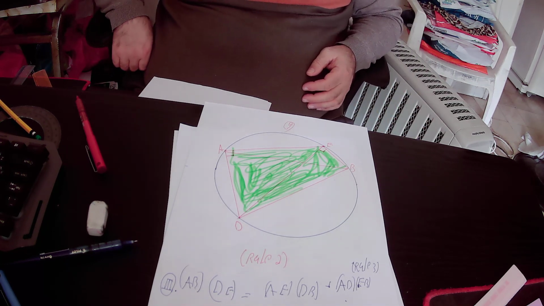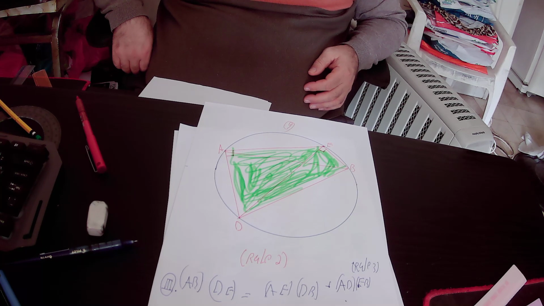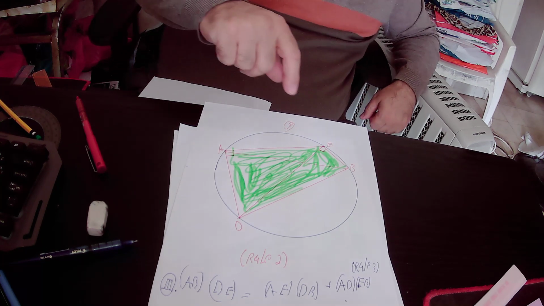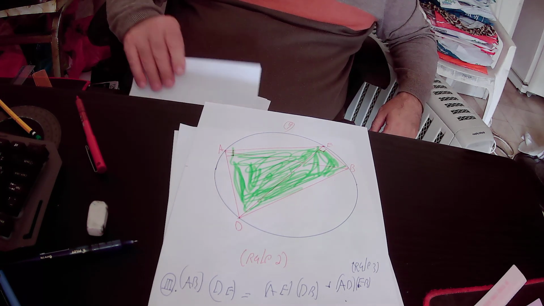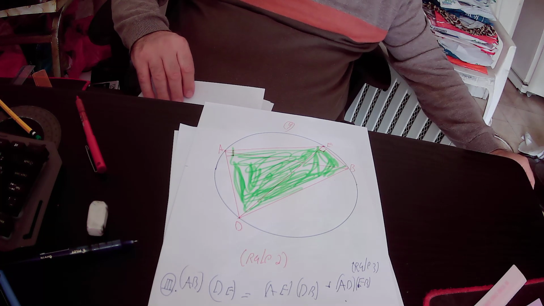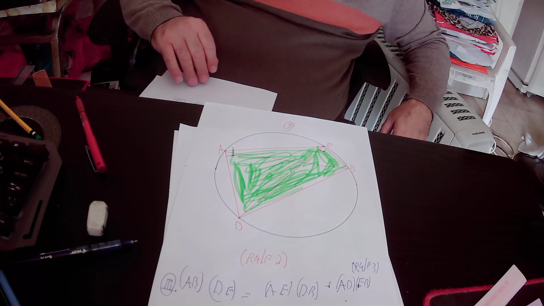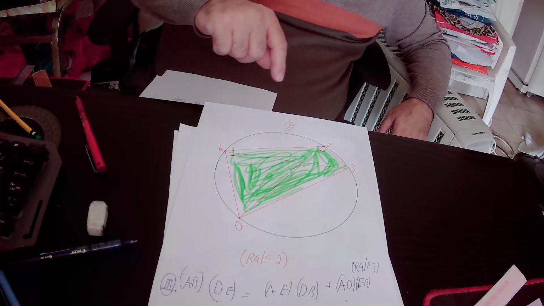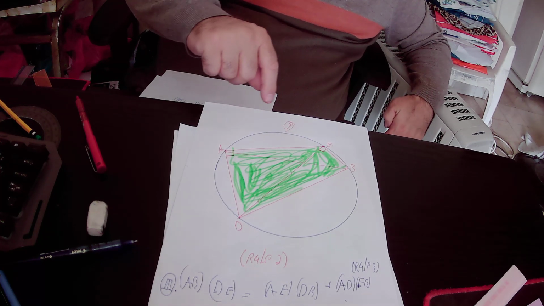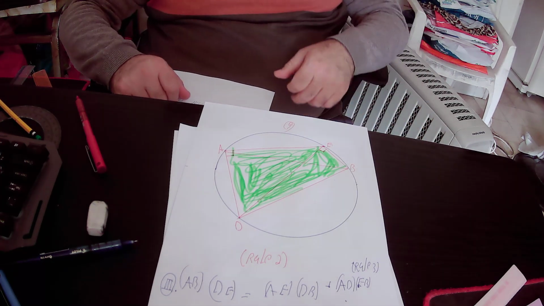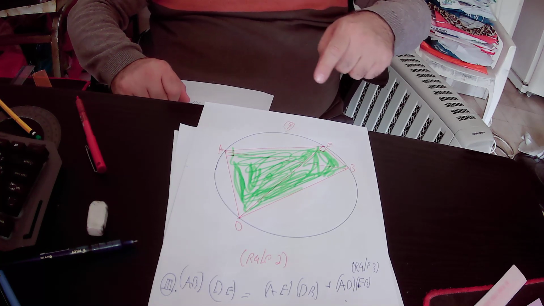And according to rule number 3, if we have a quadrilateral that is described by a circle, then the product of its diagonals equals the sum of the products of its opposite sides.